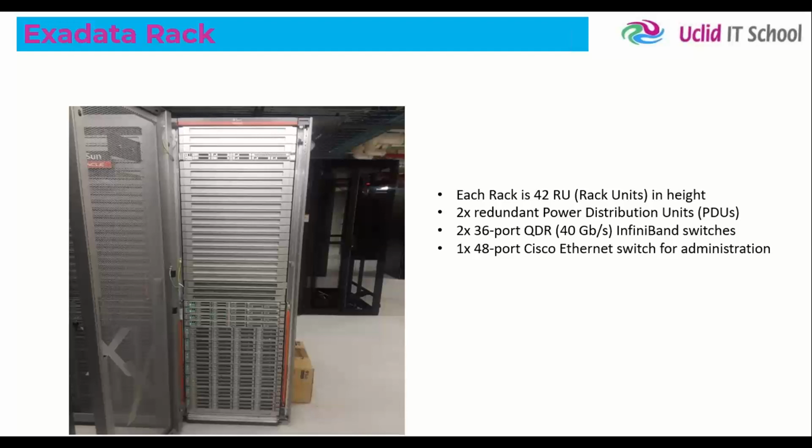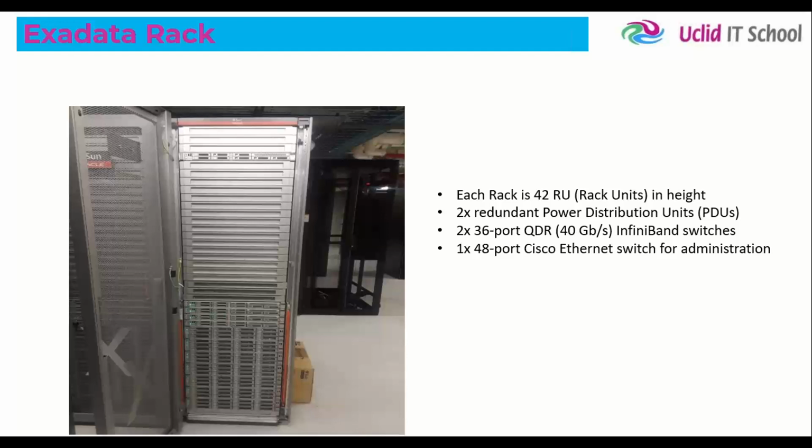And each rack also includes two 36-port quadruple data rate InfiniBand switches, which are capable of transferring data at 40 GB per second. Very high speed transfers. And the Exadata rack also includes an administration switch, a Cisco Ethernet switch, for administration of the Exadata components. So these are all the standard components inside the Exadata rack.